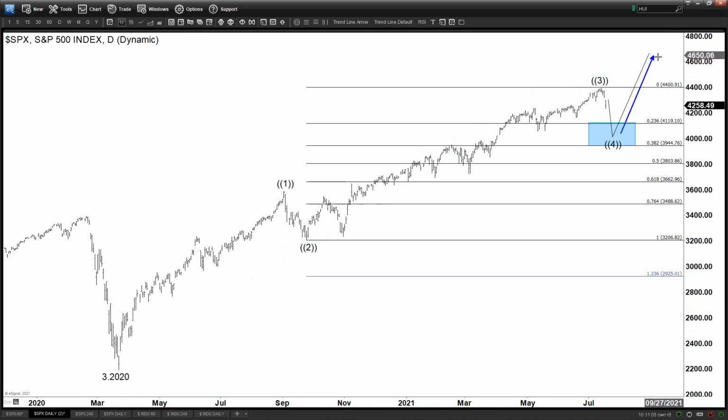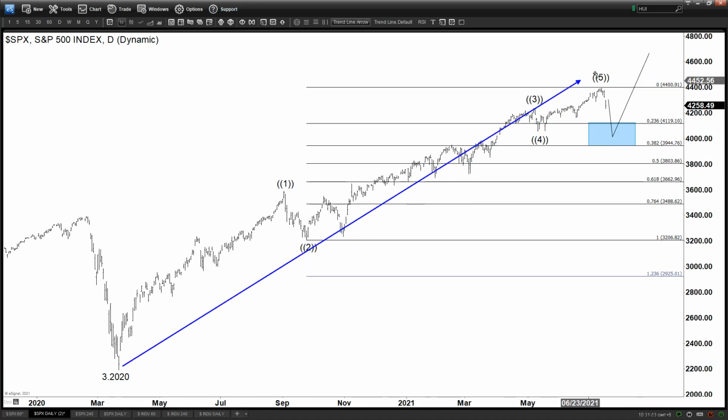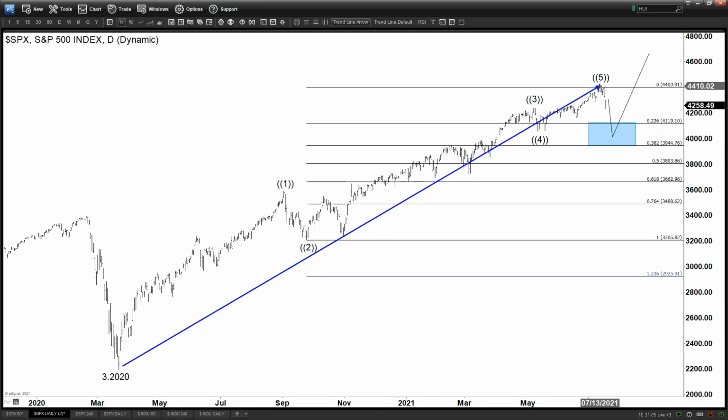I could move 3 here, and this is my 4, and this is my 5. If I do it this way, what's going to happen is we are already finishing up this cycle. We finish this, and we finish this.